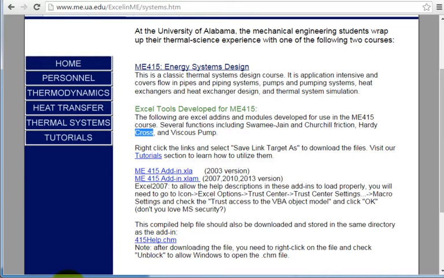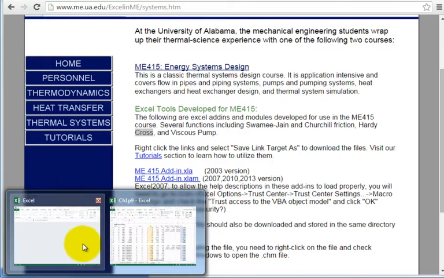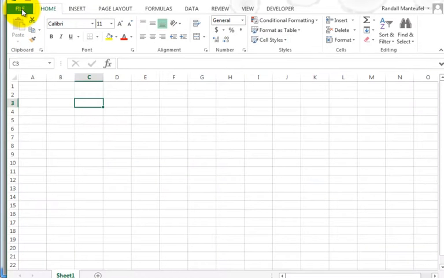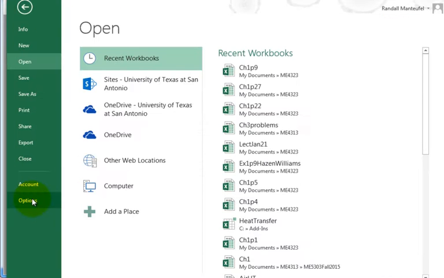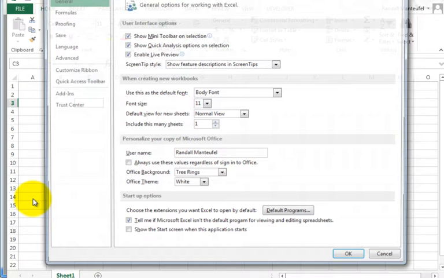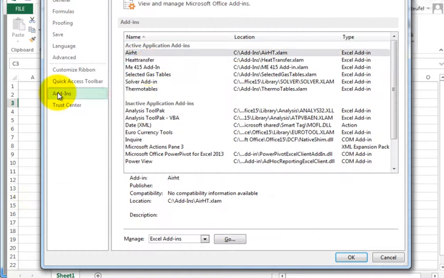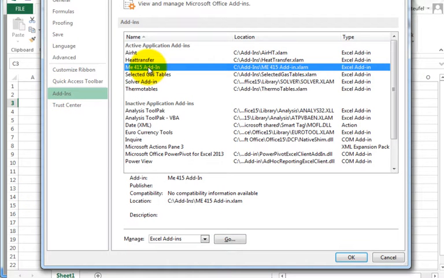And one of the things, let me jump over to Excel. Let me see if this is running here. So in Excel, go to File, then Options, and the Add-ins, and then just make sure that you have that add-in added in. Okay. Let me cancel on that.